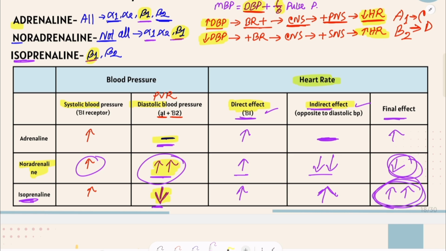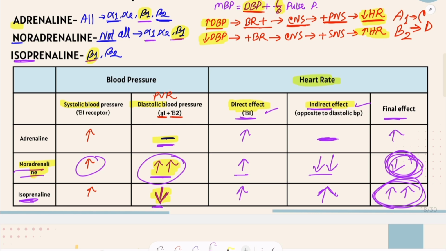One more question that seems very simple but is highly likely to be marked wrongly. What is the effect of noradrenaline on heart rate in a normal person? Yes, it will cause bradycardia. When it is so simple, why is it likely to be marked wrongly? The reason is that this table is not present in front of our eyes during the examination.